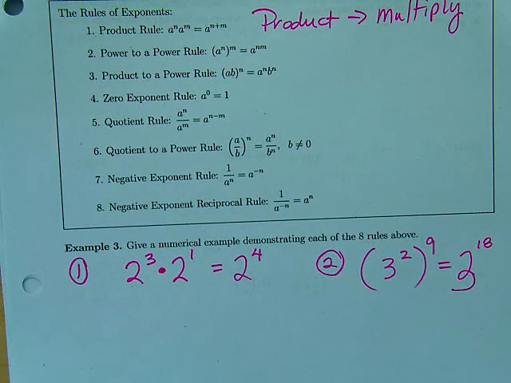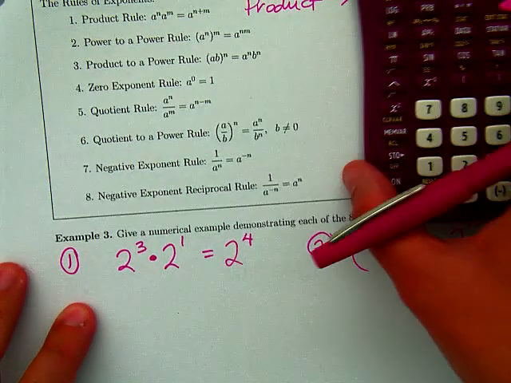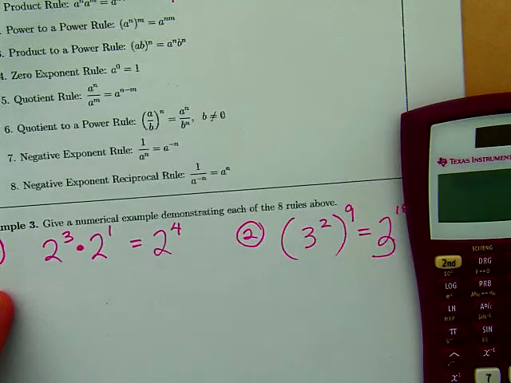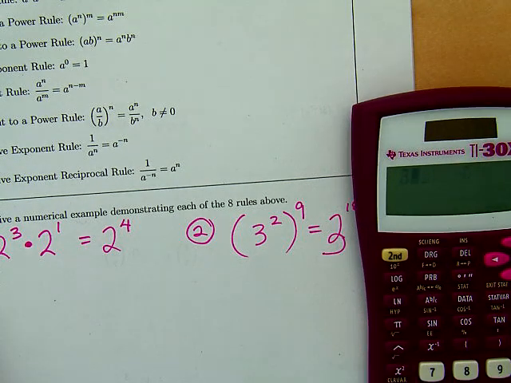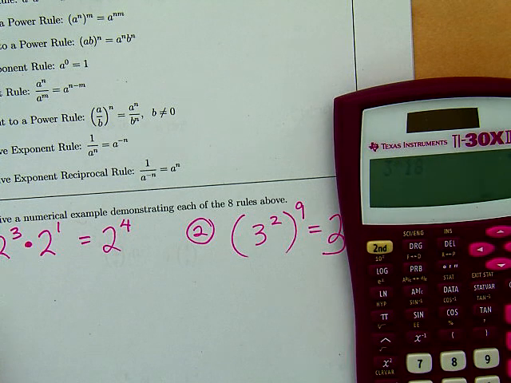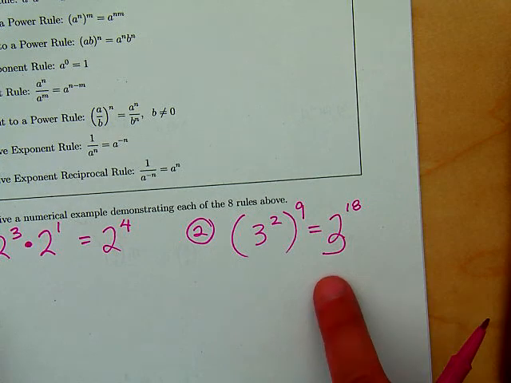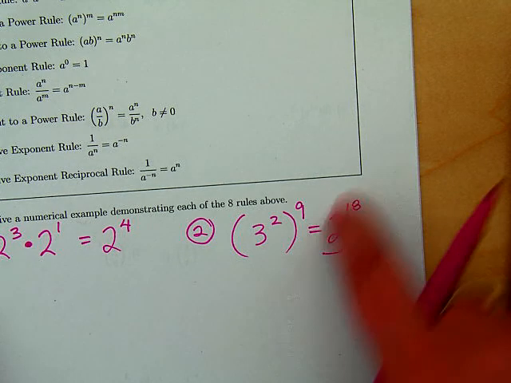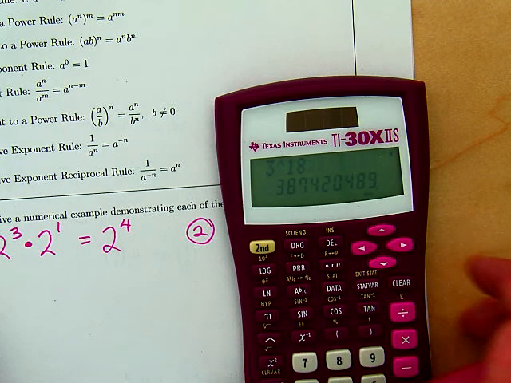If you do 3 to the 18th, this is where I was saying the difference between exponential notation versus standard form. 3 to the 18th, because there's no variable there, it's just a number. But if I go 3 to the 18th, I'm getting a really, really big number. So I'm finding it simpler just to go ahead and write it in exponential form than to write that ginormous number, which is like 387 million, something like that.